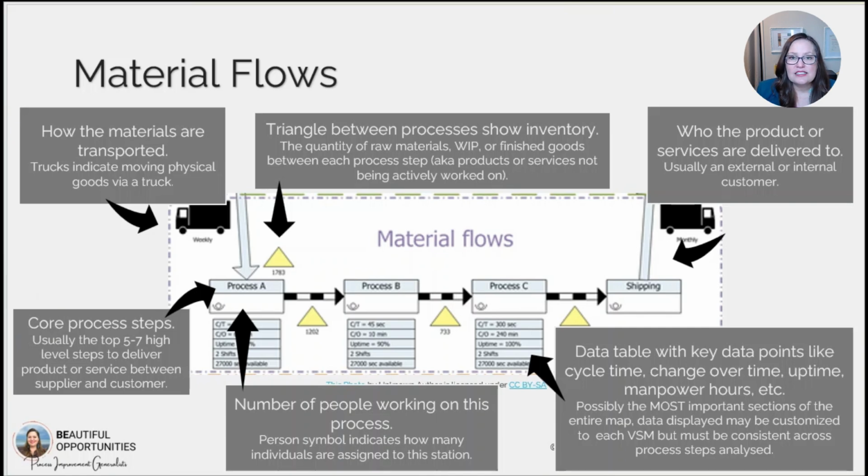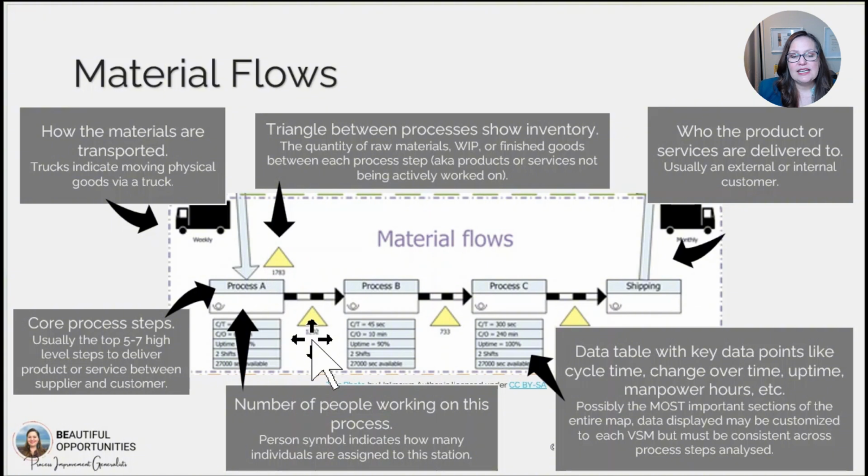And that first section is going to be your material flow. Now, what I want us to look at first are these process steps. So, these are going to be the core process steps. This is going to be the top 5 to 7 steps in our process. This is going to be quite different than a process flow diagram, where we may go into a level of detail that we're not going to go into here.